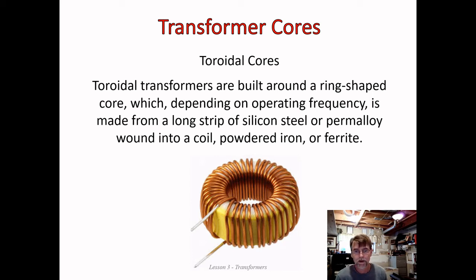it is. So we have a core now that is a round ring, and the coil is simply wrapped around it. Again, it comes down to functionality. These are typically very small, with a very specific purpose, which we'll get into a little bit.